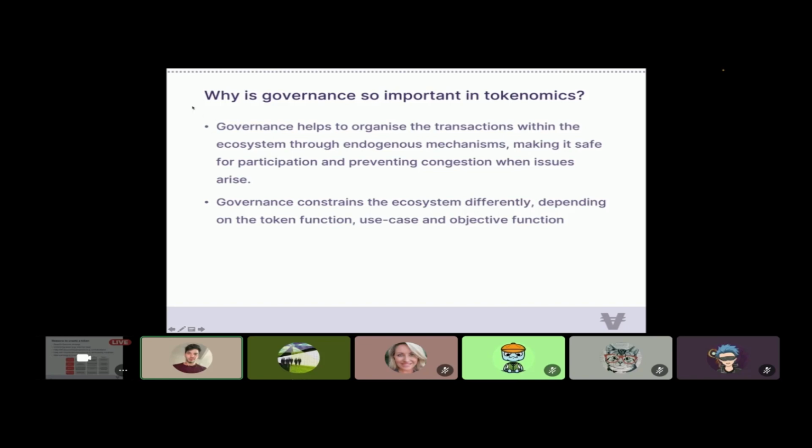So what it says to answer this question: governance helps to organize transactions within the ecosystem through endogenous mechanisms. That I understand, but making it safe for participation, I personally do not understand. So if you have any input on that, I would love to hear that. And preventing congestion when issues arise is also a part I personally do not understand, and they don't really elaborate on that in the book as well.